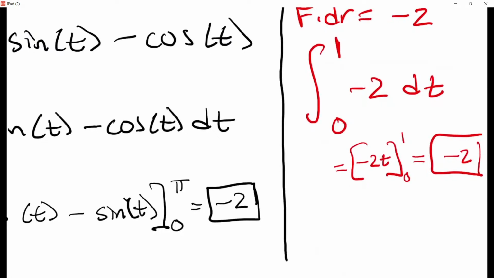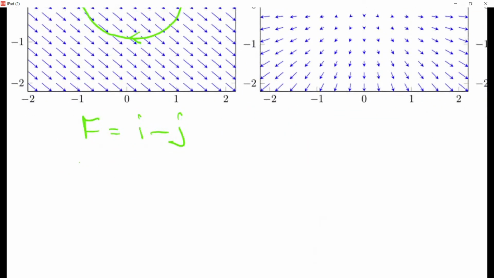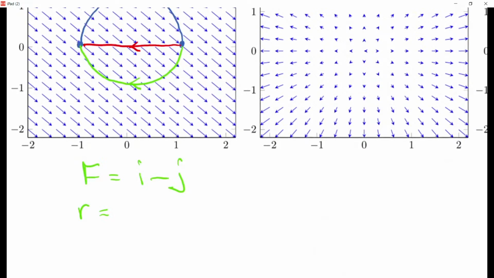And actually, let's see, where's that thing again? There it is. So the green one, let me just mention the green one so that you know you could do this if you wanted to. The green curve, you could do this a variety of ways. Maybe we should just stick with what we know: cosine of t i plus sine of t j.